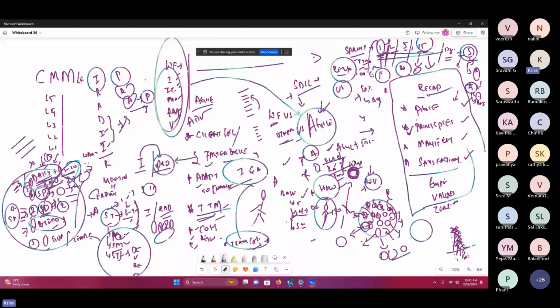In contrast with the other complete SDLC models, it has particular advantages, and then moving on. The empirical process values, ceremonies, team sizes, and the implementation part, Jay will cover as part of his training sessions.